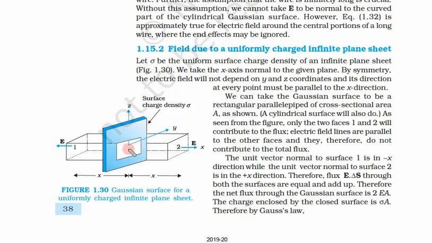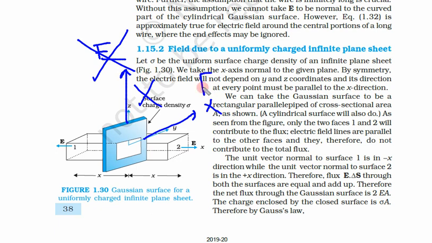Since this sheet is infinite, there would be no electric field in the z direction and no electric field in the y direction, because the sheet is infinite in these two directions. There is no electric field in this direction, no electric field in this direction. Why? Because the sheet is infinite in these directions. So the electric field would be only in x and minus x.